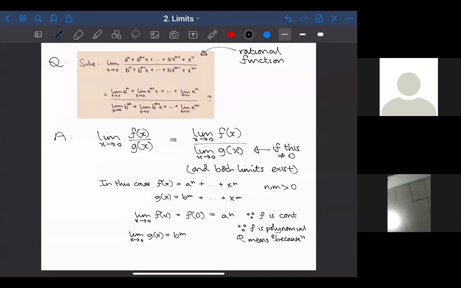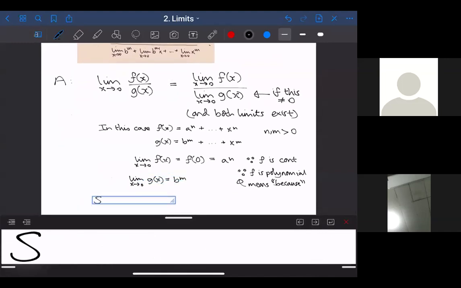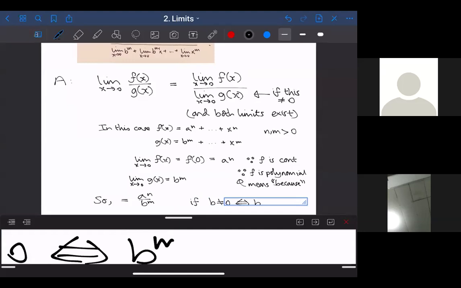So the limit is equal to a to the n over b to the m if b is not 0, because that's the same thing as b to the m being 0. Okay, so I hope that fully answers that question. It's a good example of how to use the limit laws.